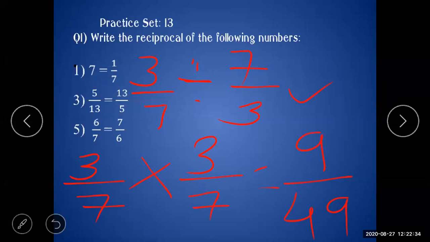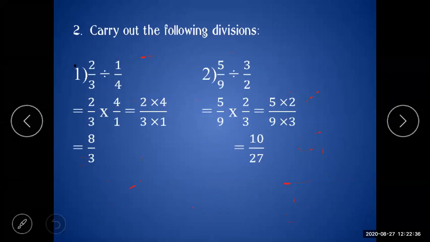Now we will start with our exercise. Now here, that is question number 2, carry out the following division. Now in first question, what is given? It is given 2 upon 3 divided by 1 upon 4. Same step. First we will write 2 upon 3 as it is.